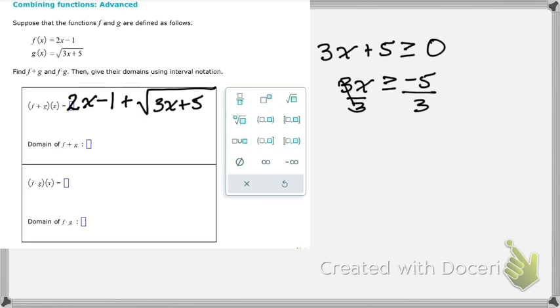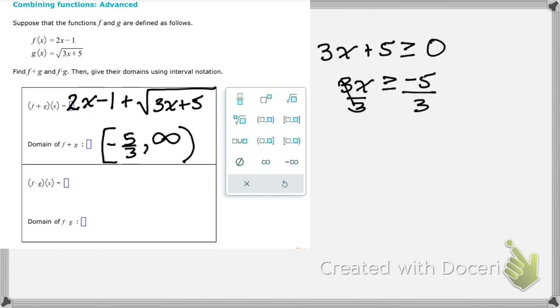The way I write x is greater than or equal to -5/3 in interval notation is bracket -5/3. So the bracket means that it can equal -5/3, and that's in the inequality here, right? The equals there means it can equal -5/3, so that gets a bracket, and then up to infinity.